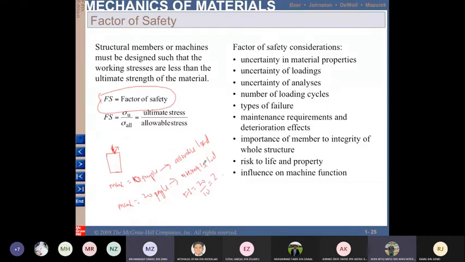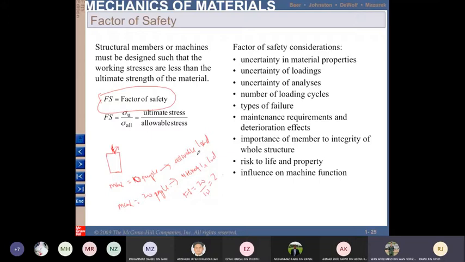Jadi nilai factor of safety ni kena lagi besar, kena lagi kecil? Lagi besar lah, lagi besar lagi selamat. Sebab katalah awak masuk lift, lift tu kata 10 orang je maksimum. Tapi sebenarnya secara teori yang boleh maksimum ialah 20.